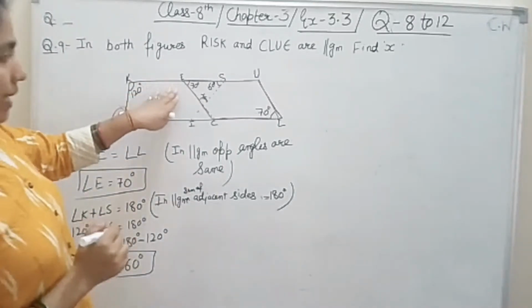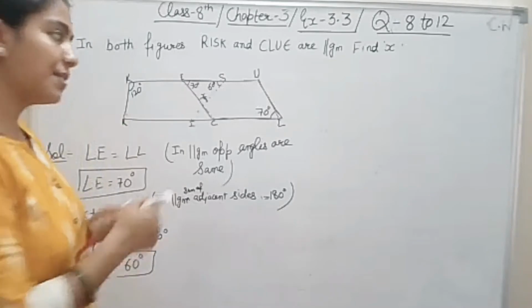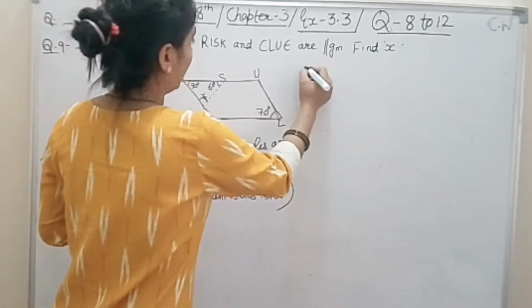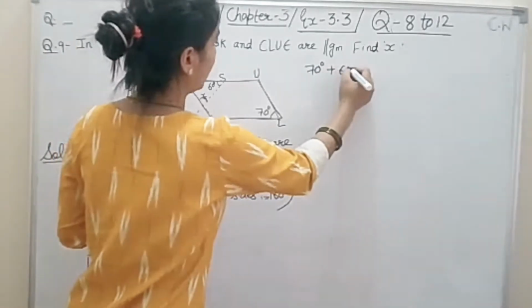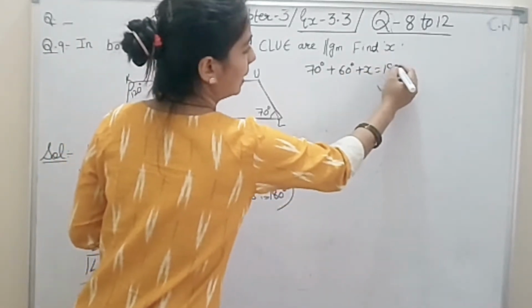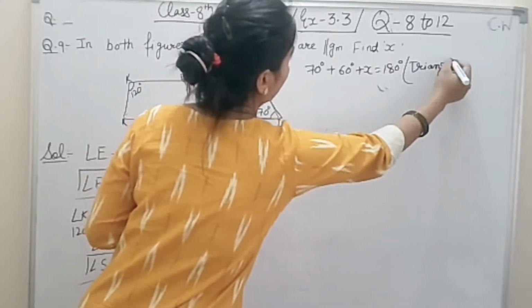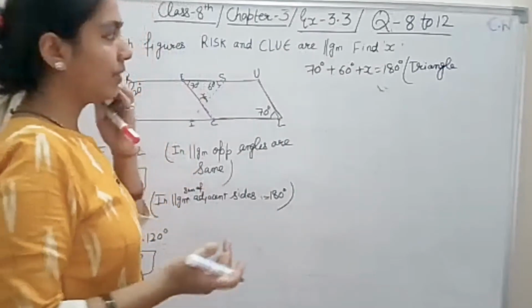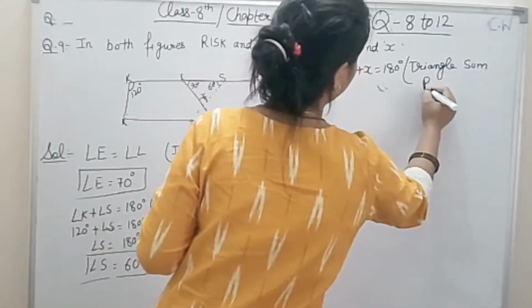Now we got angle E, we got angle S. Easily we can find out the angle X. So let's start. 70 degrees plus 60 degrees plus X is equal to 180 degrees because of the triangle sum property. You just write triangle sum property or sum of all three angles in a triangle is equal to 180 degrees.